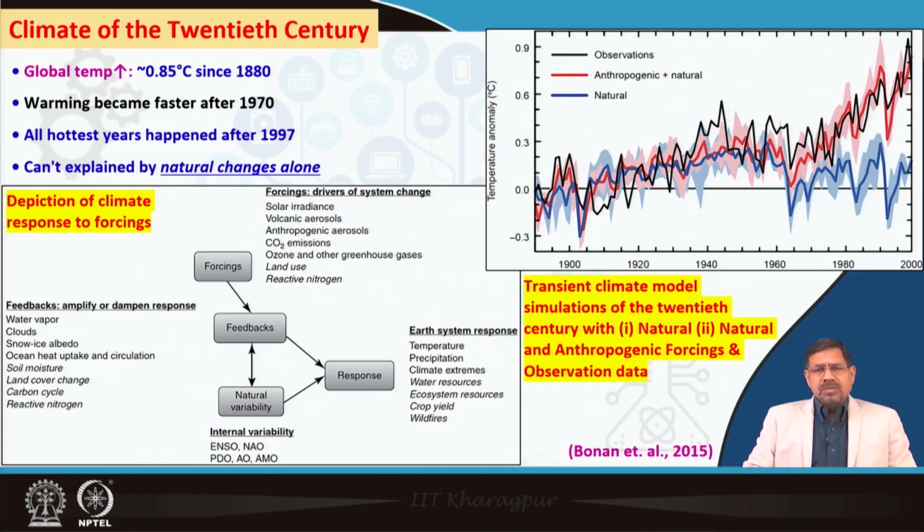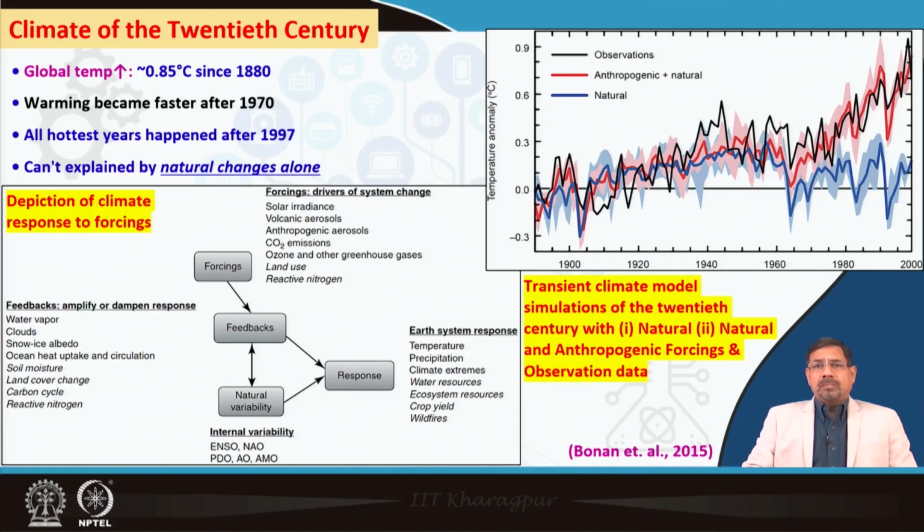So, what I mean to say here is the temperature is varying, the precipitation pattern is getting altered, and we are receiving more and more extreme weather events these days. The water resources and moisture are getting affected in terms of soil moisture and other water resources, the ecosystem resources, the biosphere, the biodiversity, the biota.